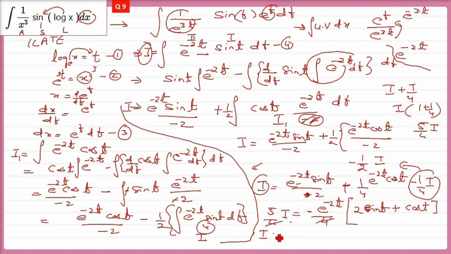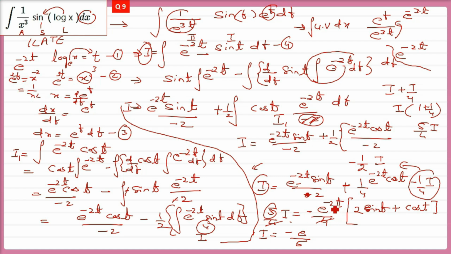I will cancel this 4 here. Bring this 5 downstairs on the right hand side. So what is e raised negative 2t? See, e raised t was what? If you remember, e raised t was x. And if you take the power negative 2, it will be x to the power minus 2.